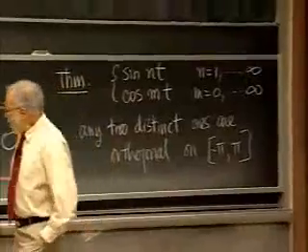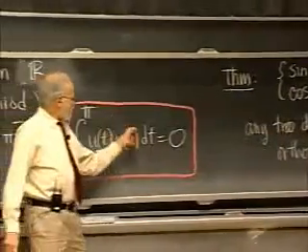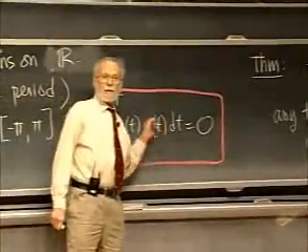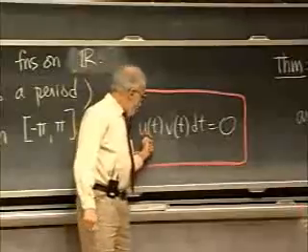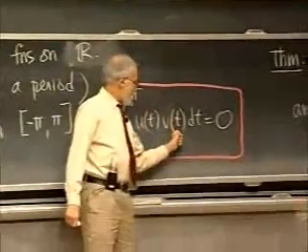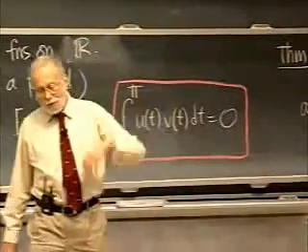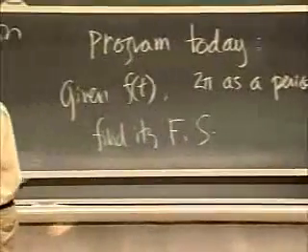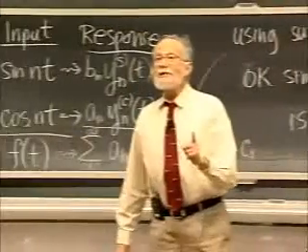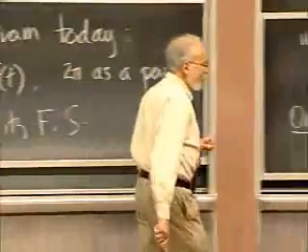So, if I integrate from minus pi to pi sine of 3t times cosine of 4t dt, the answer is 0. If I integrate sine of 3t times sine of 60t, the answer is 0. Same thing with two cosines, or a sine and a cosine. The only time you don't get 0 is if you make the two functions the same.